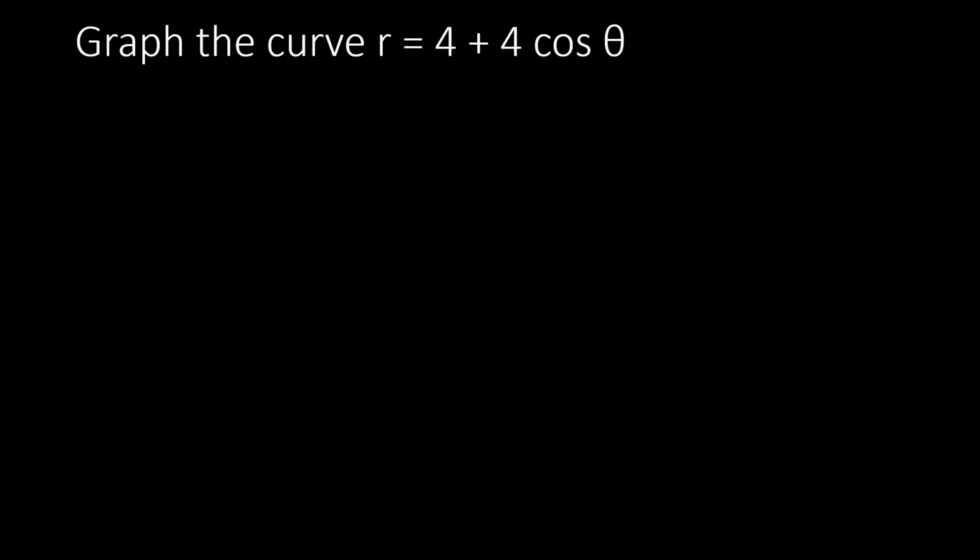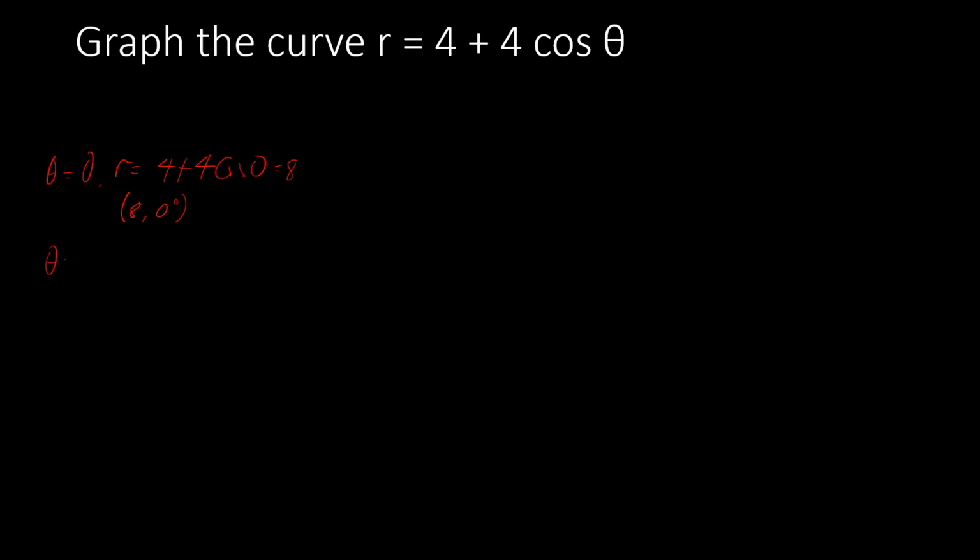So we can start at theta equal to 0. So your R is equal to 4 plus 4 cosine of 0. We know that cosine of 0 is 1, so that will be equal to 8. So we have the point 8, 0.